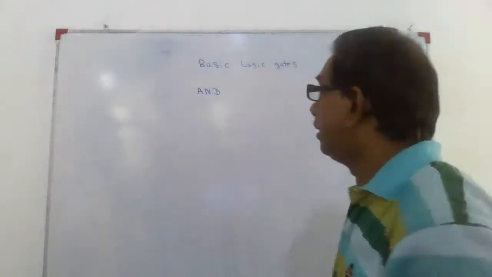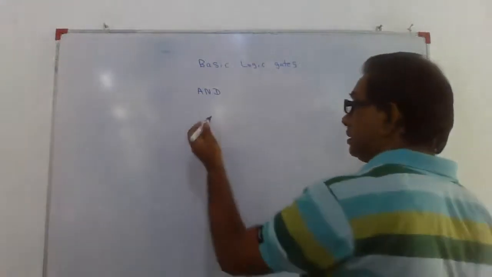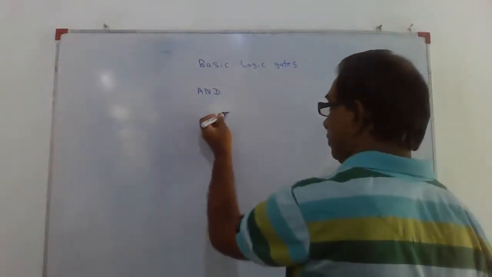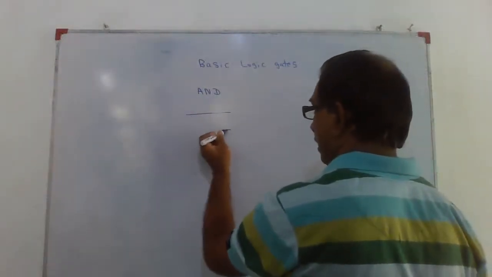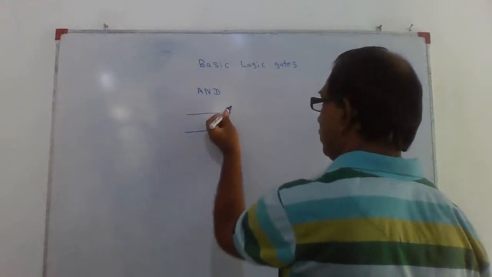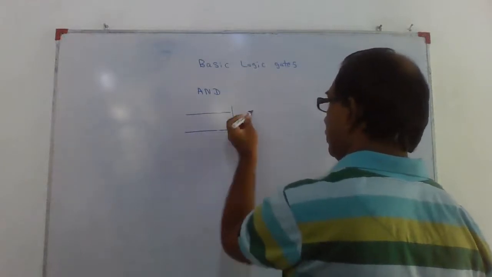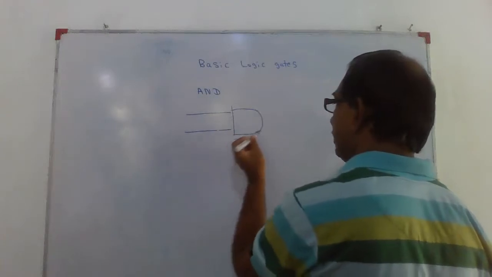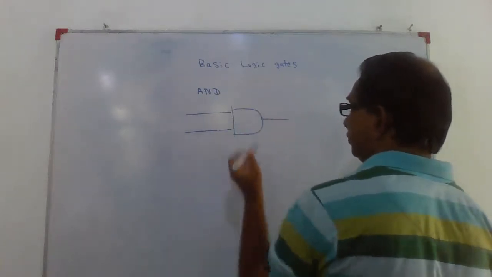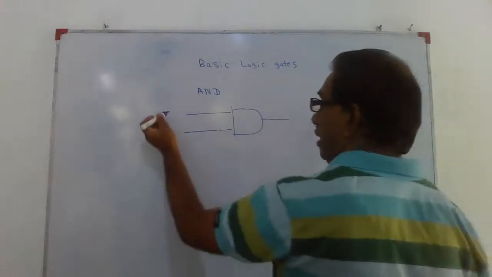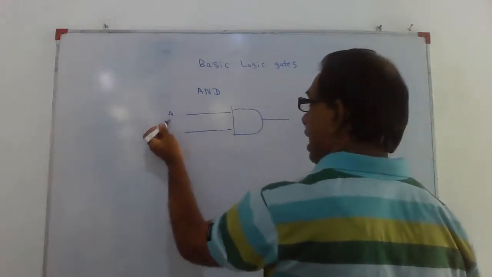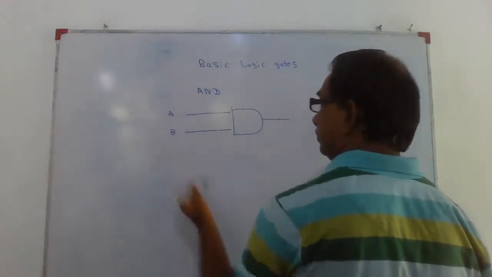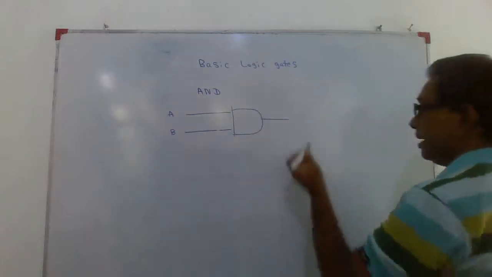You need two variables in order to draw the AND gate. So there are two variables. This is the symbol AND. I would like to take them as A and B. So output is A and B.